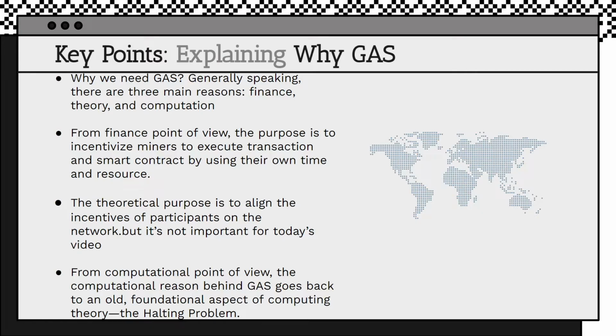From the computational point of view, the reason behind gas goes back to an old foundational aspect of computing theory, the halting problem. So what is the halting problem? Well, the halting problem is the issue of determining whether an arbitrary program will stop running or if it will run forever.